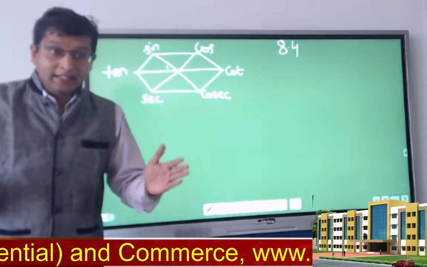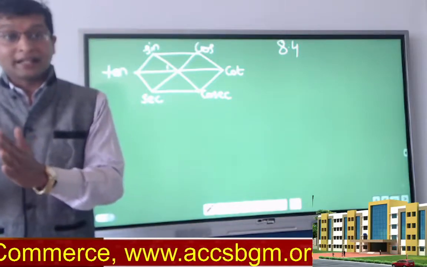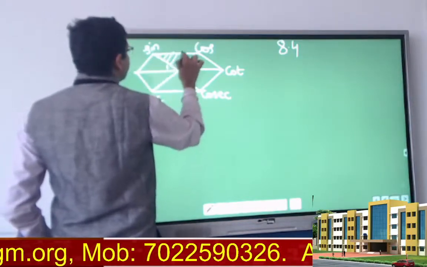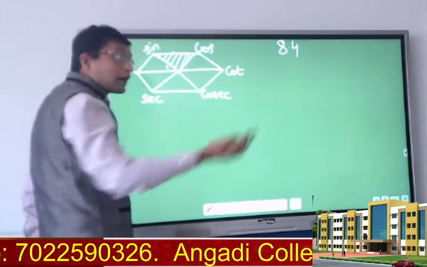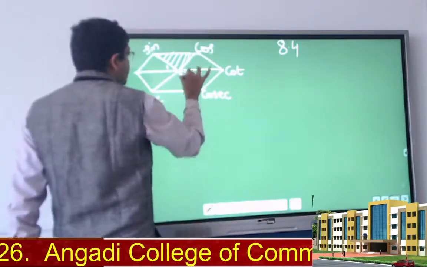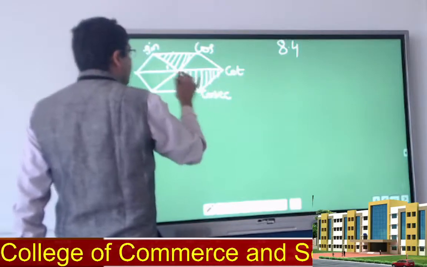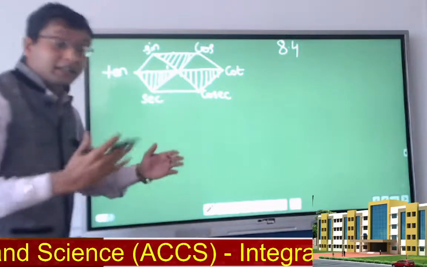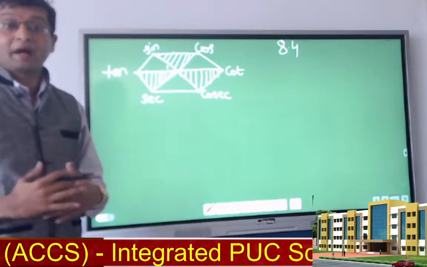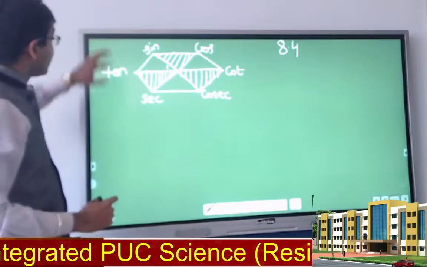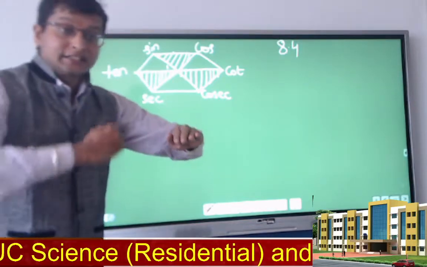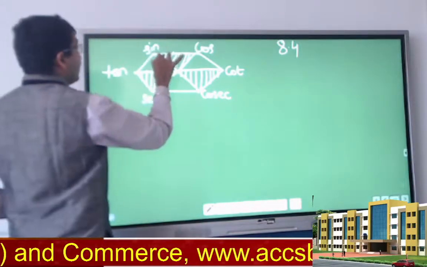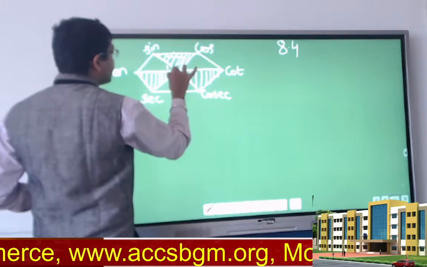Now where sine and cos come together, that part I will shade. So I am shading here. I do it alternately: I leave this as it is, I shade this; I leave this as it is, I shade this part. So alternately I have made this pattern. Now we have to move in a clockwise direction. I take this direction as left to right and then come down.